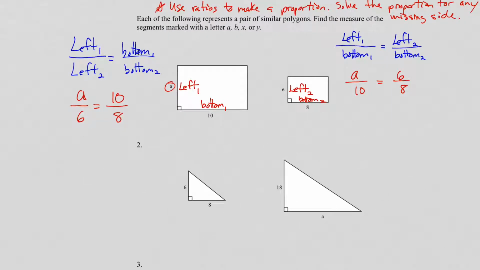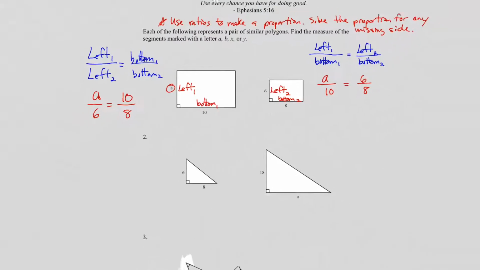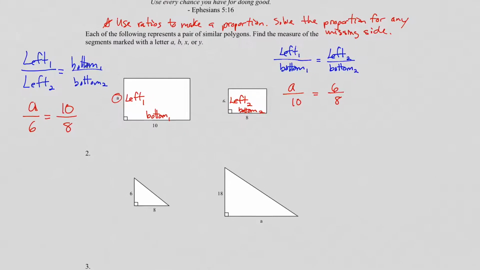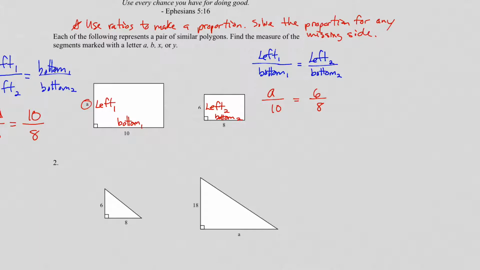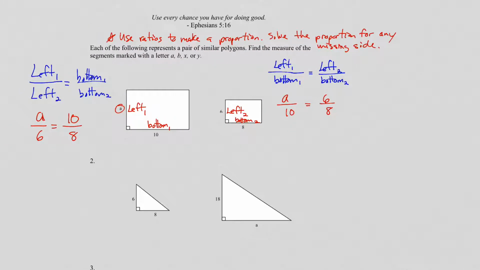So notice that these two proportions look totally different. But the technique to solve is actually called cross multiplying. So we use ratio to make a proportion, solve the proportion for any missing side, and the technique is cross multiply.